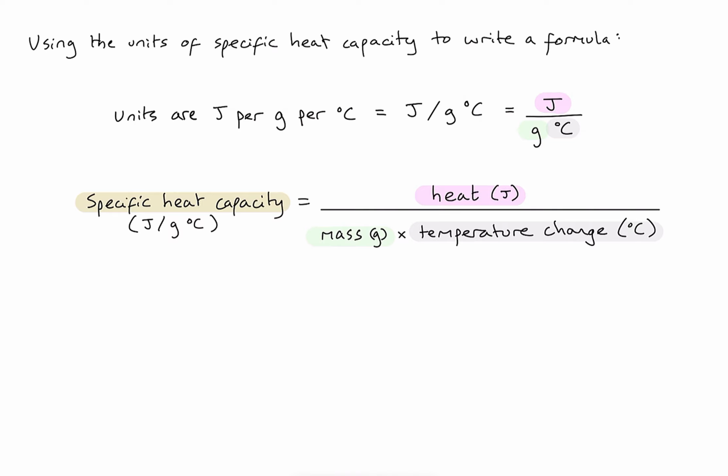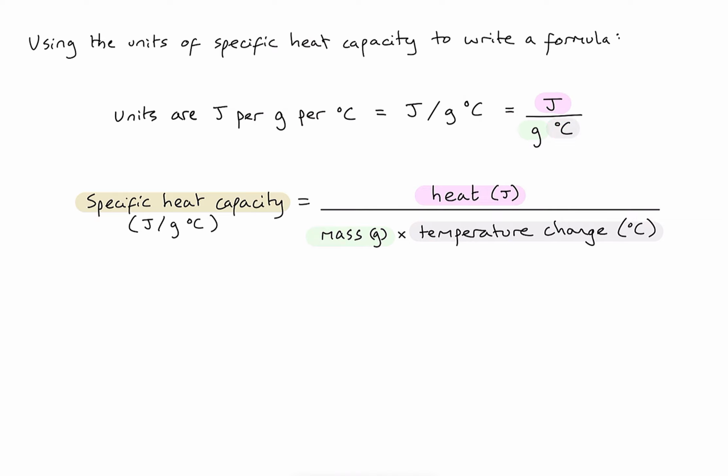So what have we done here? Well, we know we've got joules on top, and the joules is referring to the heat or the energy transferred to my substance. On the bottom we've got grams, which tells me something about the mass of my substance. And underneath we also have degrees centigrade, which is referring to the temperature change of my substance.